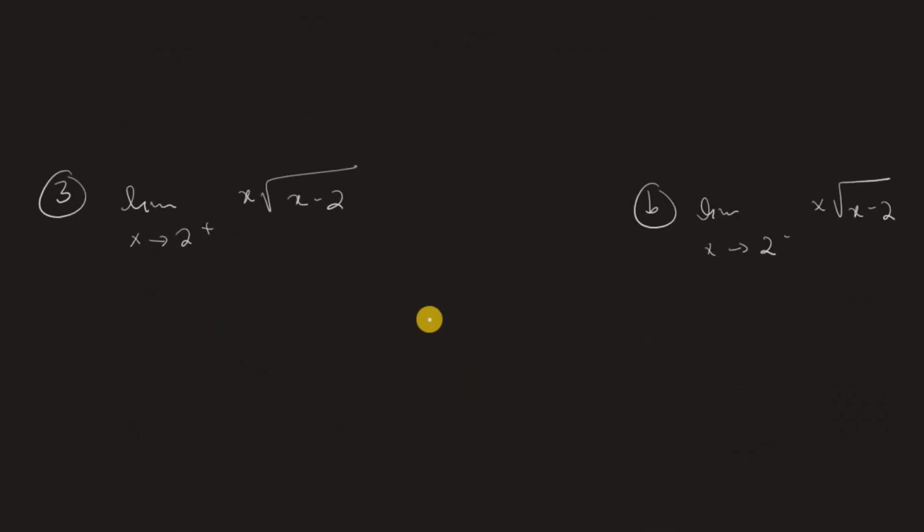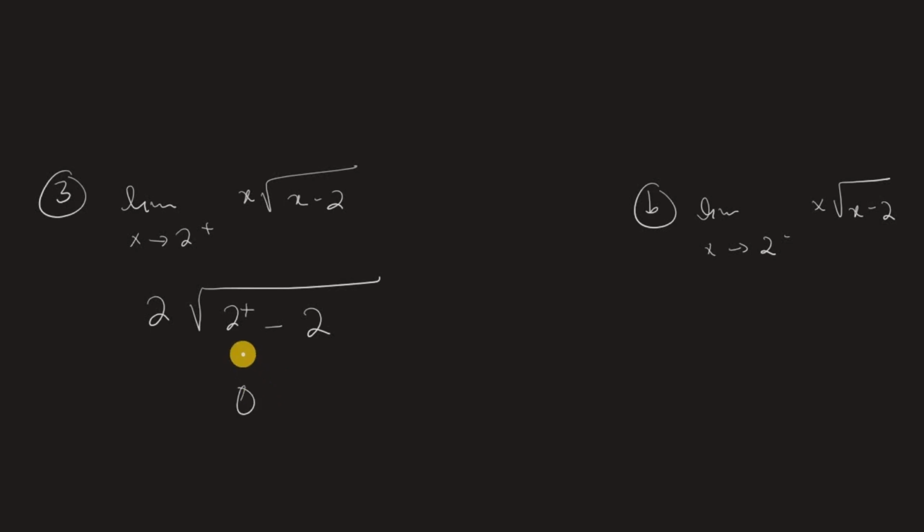Okay, so I have these limits over here as x approaches 2 from the right and from the left of the given function. So how do we solve this? We'll put this 2 inside, so we replace x using the function that is given to us, and then we'll do 2 from the right, negative 2.